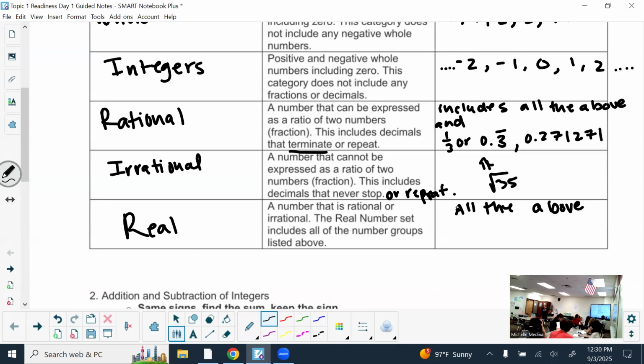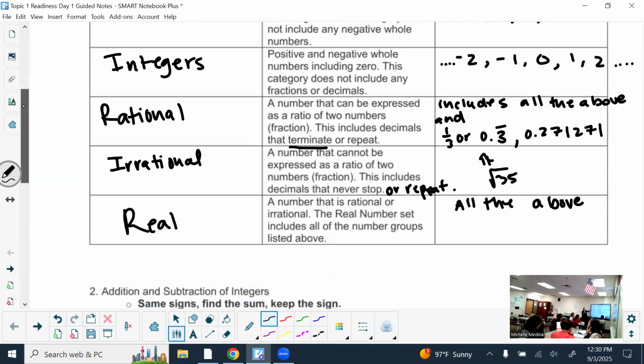So that's why you might be like, okay, real numbers, well, eventually you'll learn about imaginary numbers. You'll love it when you get there. It's where they use i for imaginary, and i squared and i cubed and all that stuff. But for now in algebra, it's just these different types. Questions on these vocab?